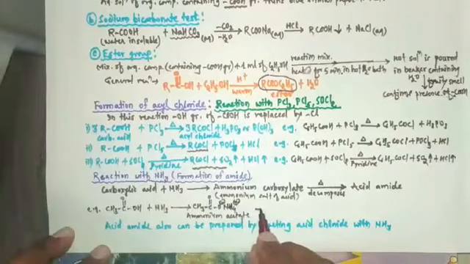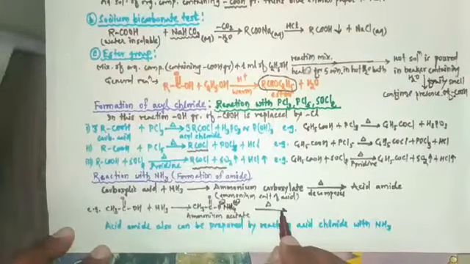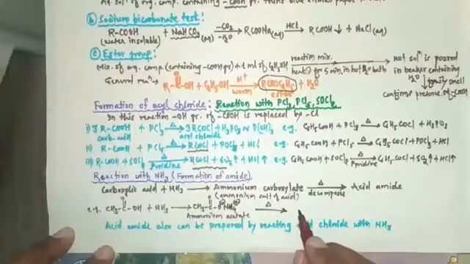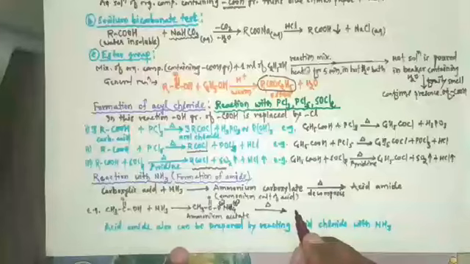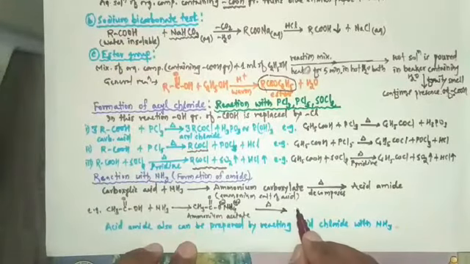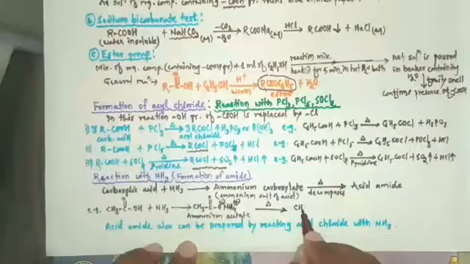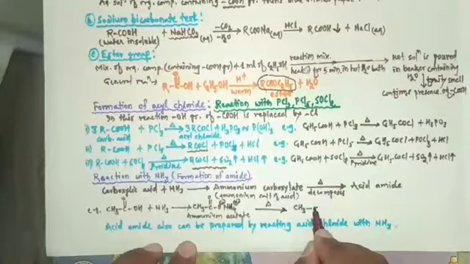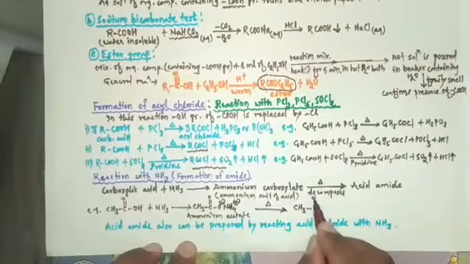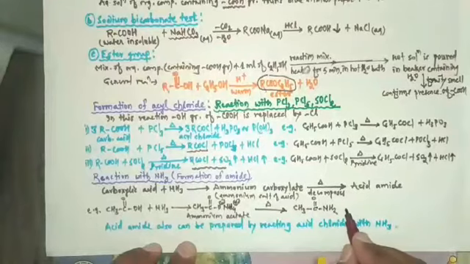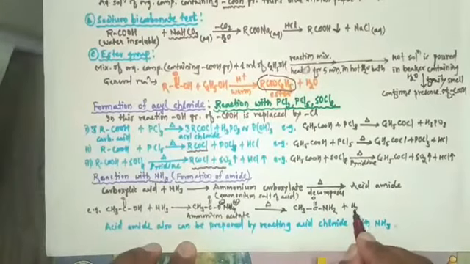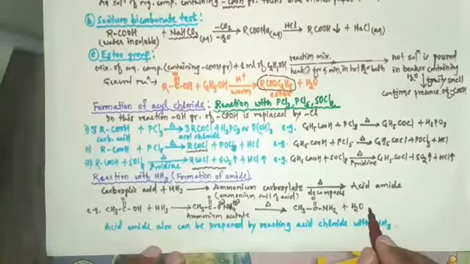Ammonium acetate on heating at high temperature undergoes decomposition, and it produces amide, and that amide is acetamide. CH3, C double bond O, NH2, and the byproduct formed is H2O.